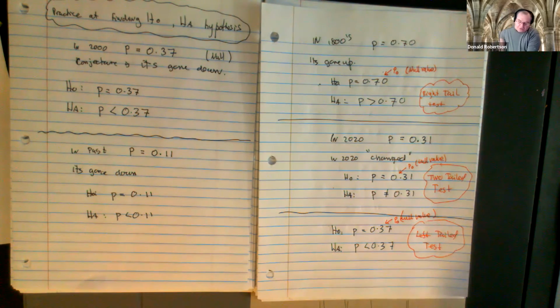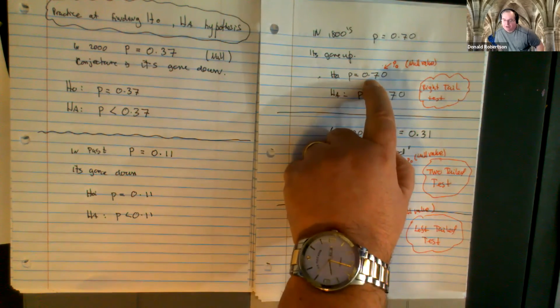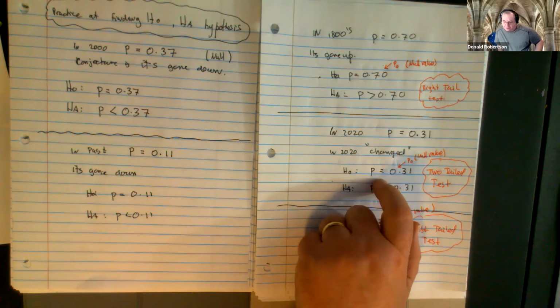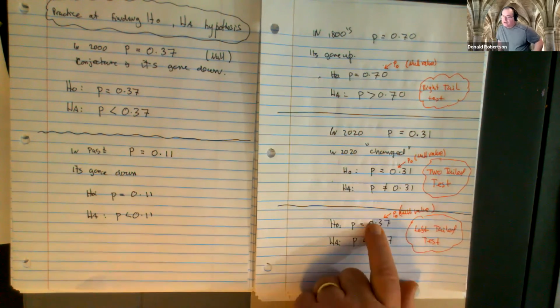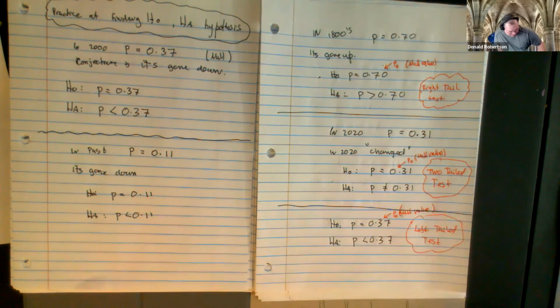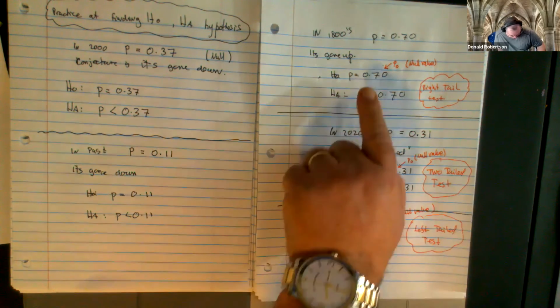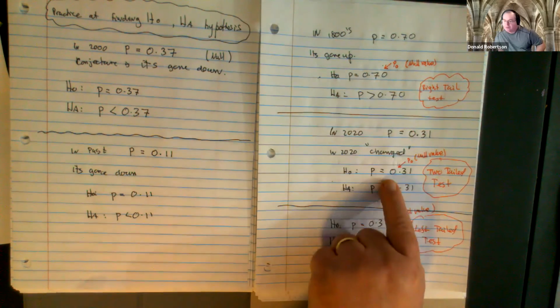So if you get a question and it says, what's the null value? They're asking you to tell me it's 0.7 in this story, or it's 0.31 in this story, or it's 0.37 in this story. So the null value is the decimal that goes with the H naught.